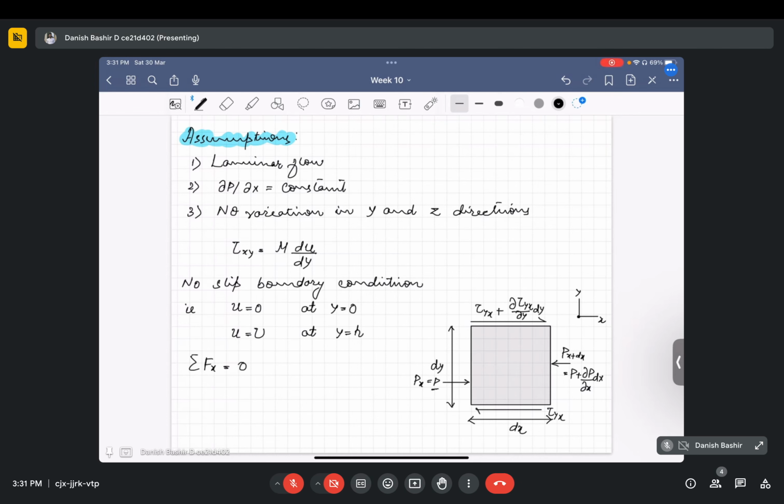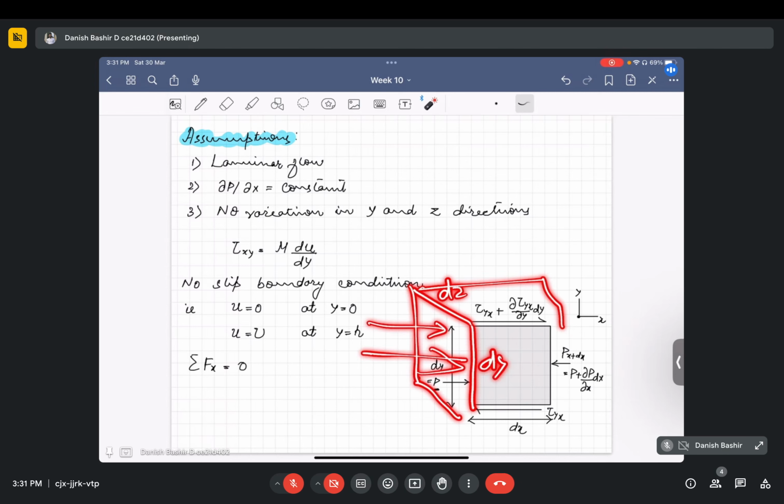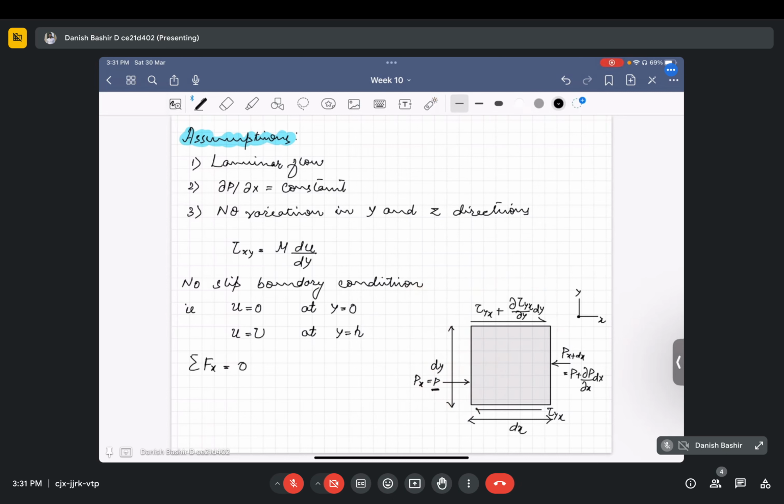So this is pressure P acting on this face. The area will be dy times dz, and this is dz. So we have one force, P times dy times dz, acting in this direction. The same is acting on the other face, but here the area will be dx times dz.